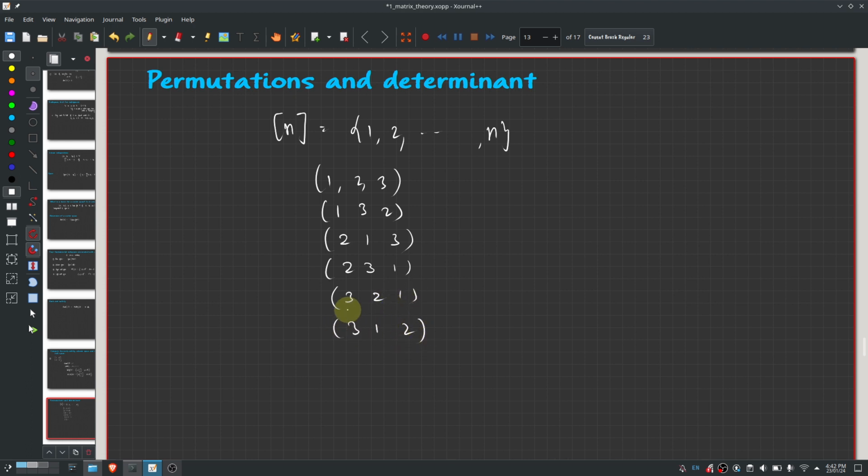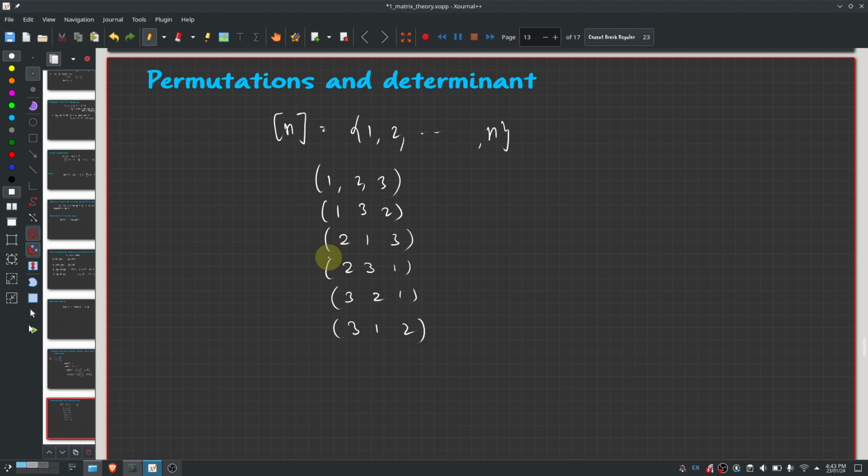Are these all the possible permutations? So how many permutations are there for the first n integers? Yeah, n factorial. There are n factorial possible permutations. Correct. So in this case, 3 factorial is 6. So I have 6 different permutations.